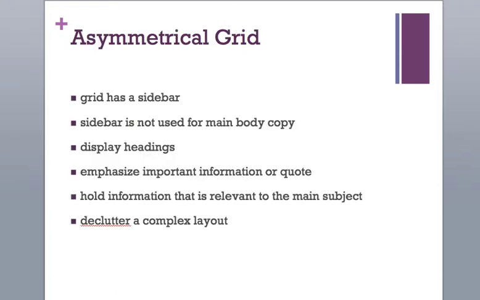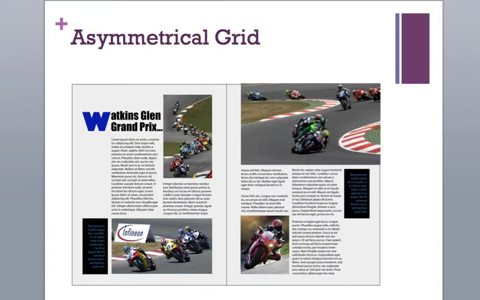Okay, an asymmetrical grid is something where you just run a lot of columns, and then you could do pretty much whatever you want with it. They're kind of fun because they're almost like a seven-column grid, only not quite the same. And so here's how you might use an asymmetrical grid.